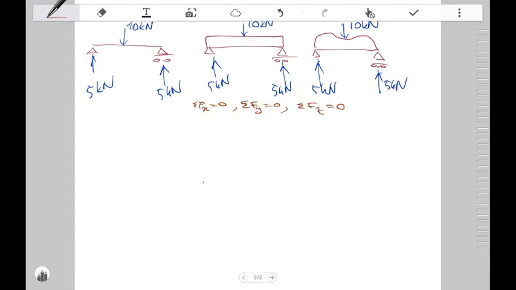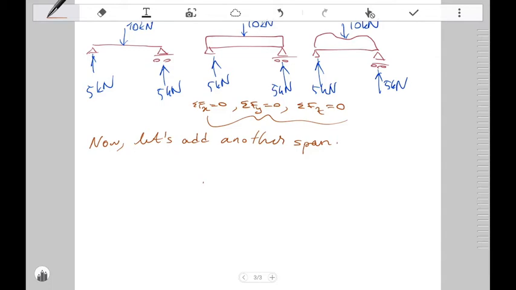The same internal forces, because the force distribution depends on equilibrium equations. These 3 equations, nothing else. And if you look at these equations, we don't have the sectional properties. We don't have the material properties in these equations. So actually, the force distribution or the support reactions is determined by these 3 equilibrium equations.